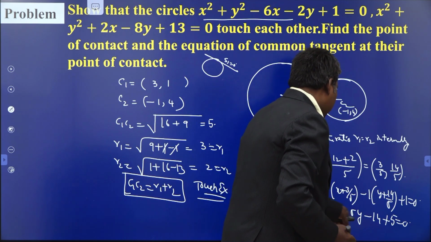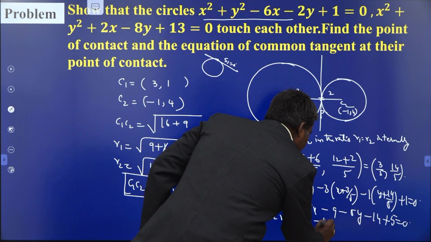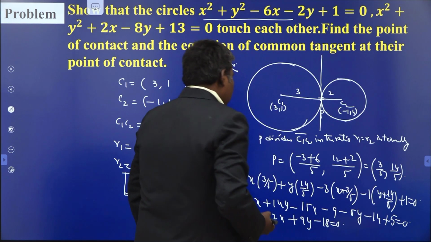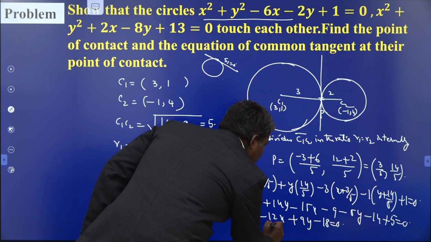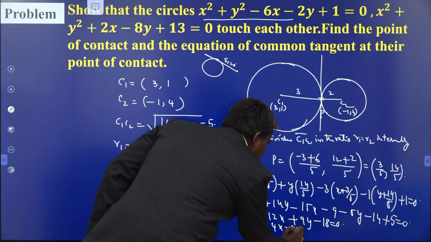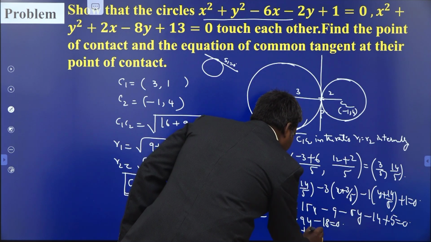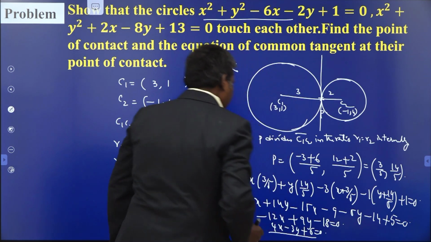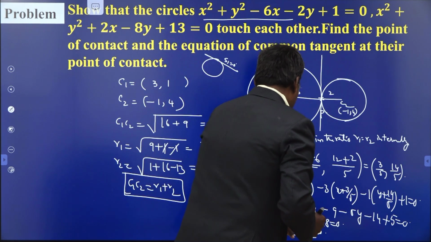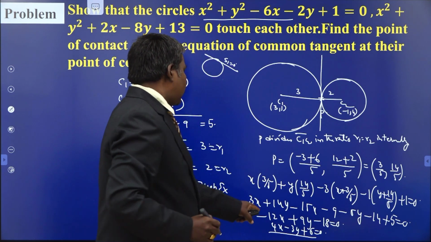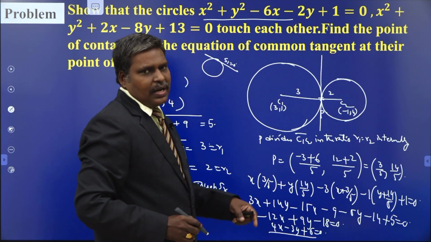Next we have minus 4, minus 4 minus 14, minus 18 equal to 0. Minus 3 can be cancelled out. 4x minus 3y plus 6 equal to 0 is the equation of the common tangent at that point of contact.